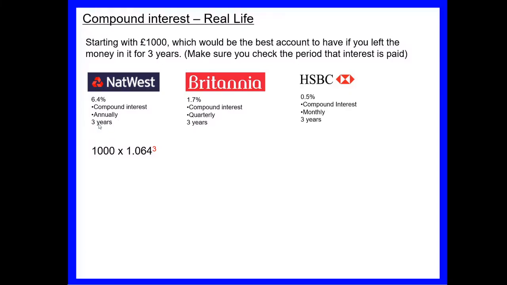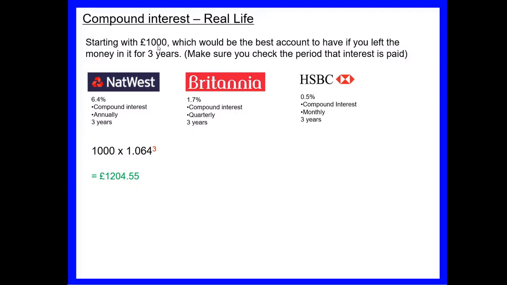We're raising it to the power of 3 because we're being given interest annually, and there are 3 years. So once every year means we're getting interest 3 occasions through that time. And that would give us £1,204.55.